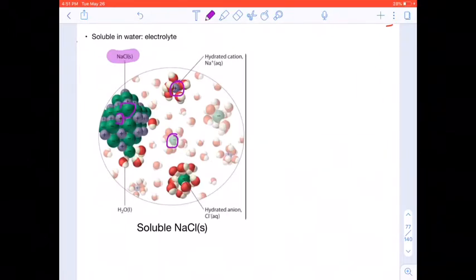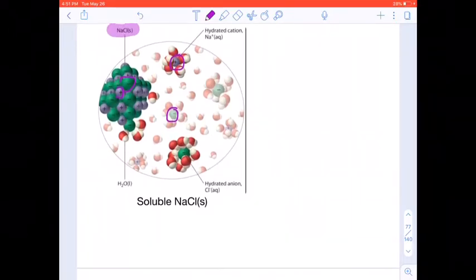So this dissolution is energetically favorable. Remember that to break the ions apart, energy needs to be provided in order to separate the ions in a crystal lattice.